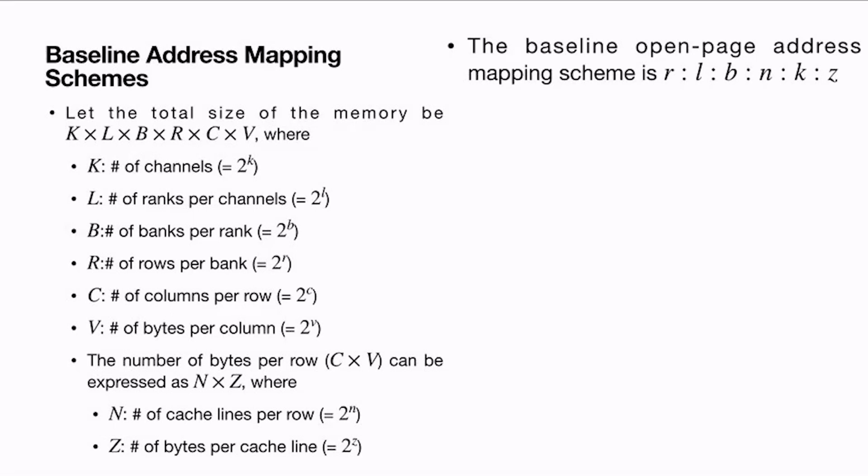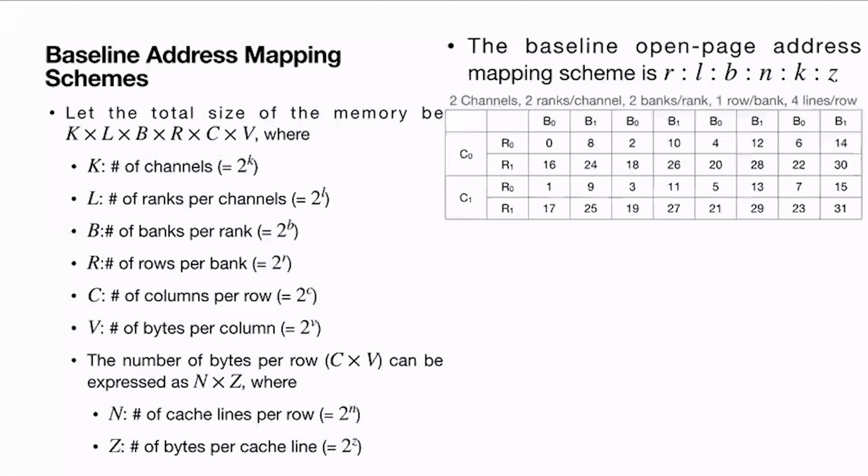Whereas Z is towards the LSB, because there will be multiple bit transitions, which effectively means we'll be reading data from multiple columns that are mapped to the same row, because 64 consecutive blocks can be mapped to the same row, and you can exploit the row locality. Let us consider this with an example where I have 2 channels, 2 ranks per channel, 2 banks per rank, 1 row per bank, and 4 cache lines within a row.